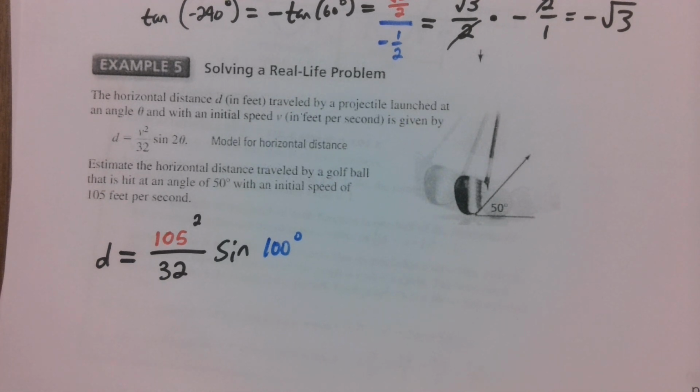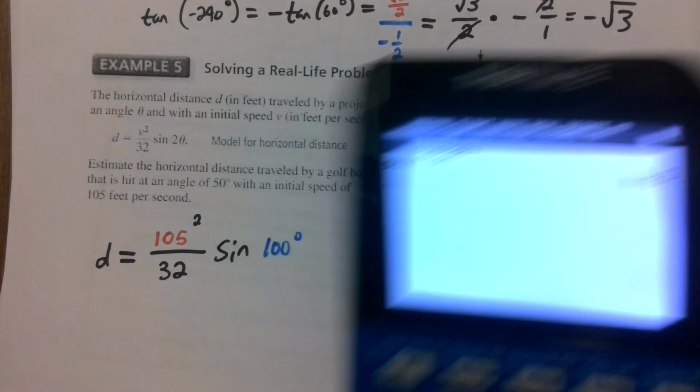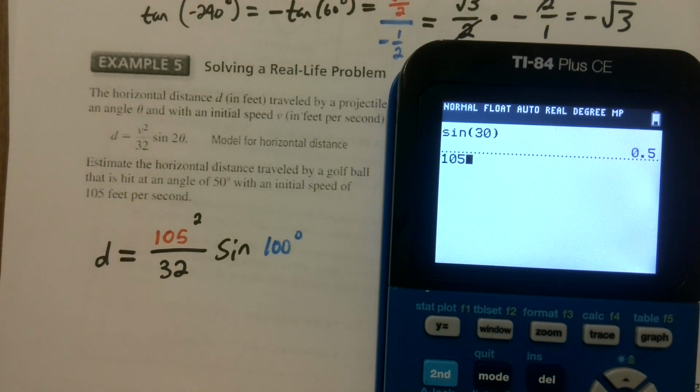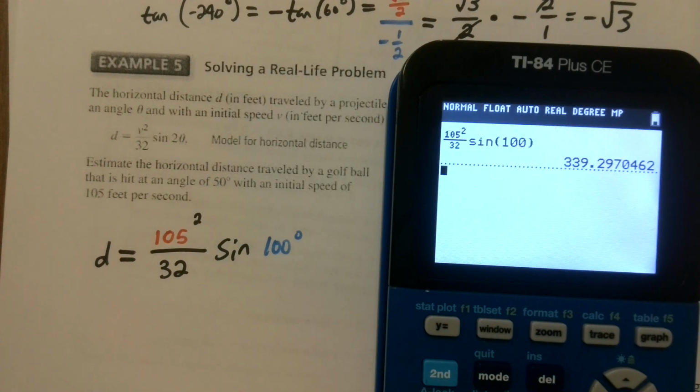To evaluate this problem, all we need to do is plug it into our calculator. So we should do 105 squared. Actually, let me put this into a fraction so it looks like the one that we see here. 105 squared divided by 32 times the sine of 100 equals this.